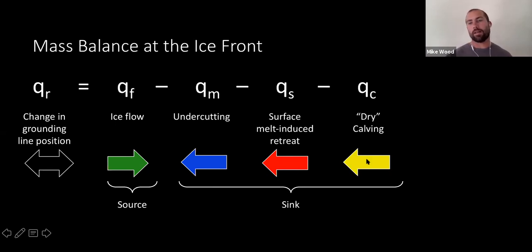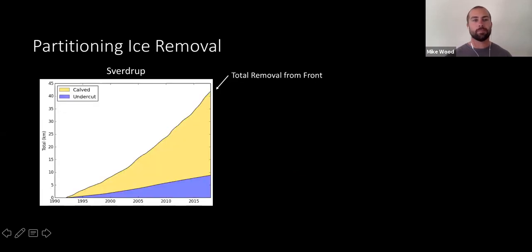So if we integrate undercutting and dry calving, the other two removal processes at the front, we get a picture that looks like this. The area under this curve is the total removal, or I guess the vertical axis is the total removal of ice.